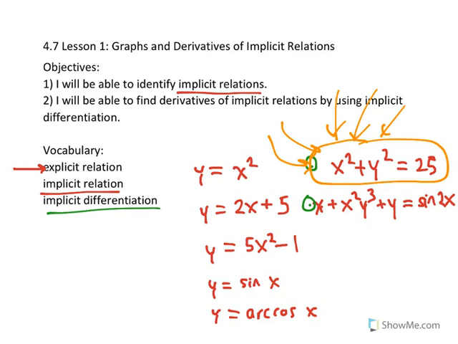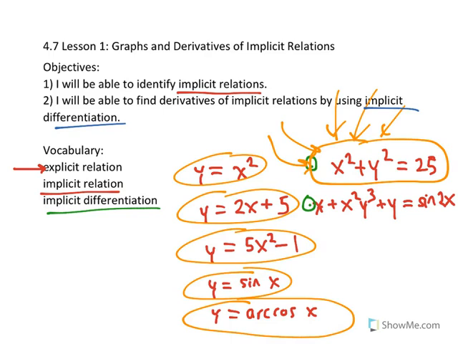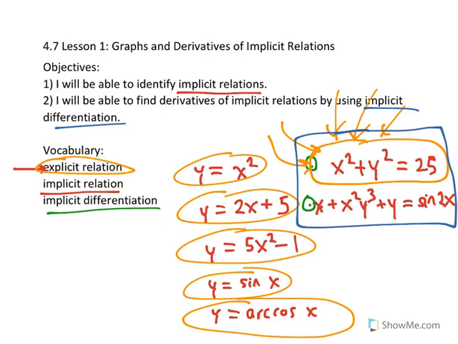However, there may be other implicit relations for which it may not be so easy to isolate y, or maybe it's not possible. In that case, you would have to use what we're going to learn today, implicit differentiation. As a final note, you have already learned how to find derivatives of all of these explicit relations that I wrote earlier as examples. Our focus today is on finding derivatives of implicit relations by using implicit differentiation.